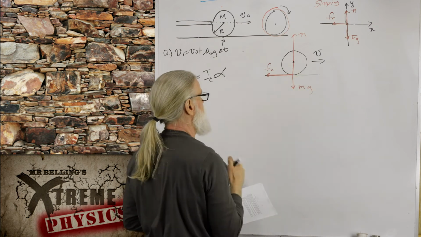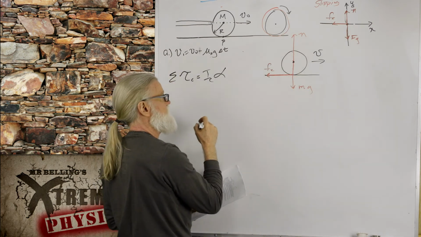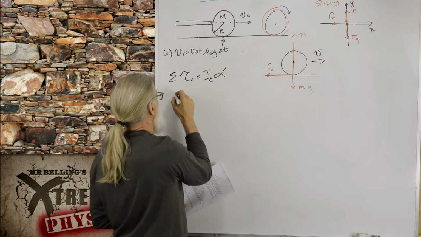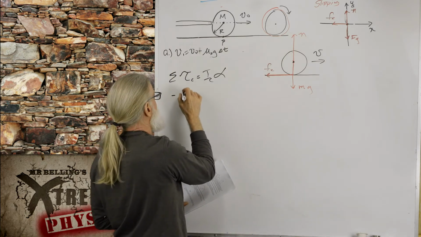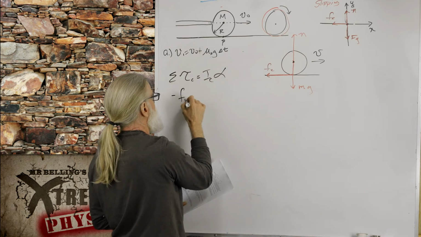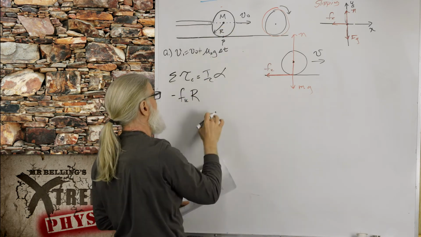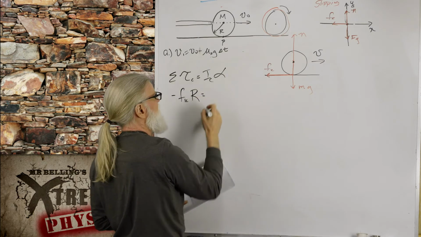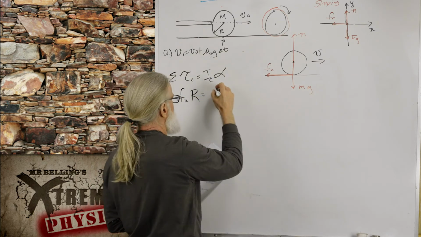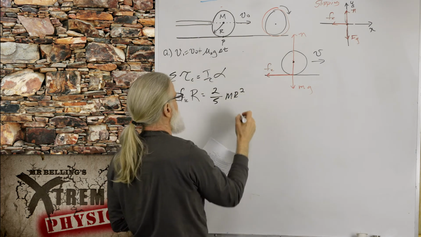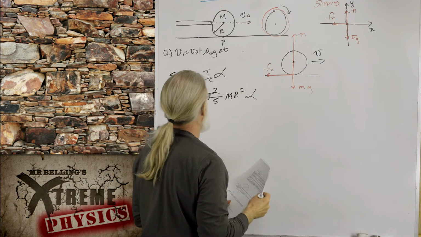There is a torque due to friction, though, and that would cause a torque this way, which is a negative torque. So I end up with negative kinetic friction times r, where r is the radius, equals the moment of inertia about the center, which is 2/5 mr squared, times alpha.